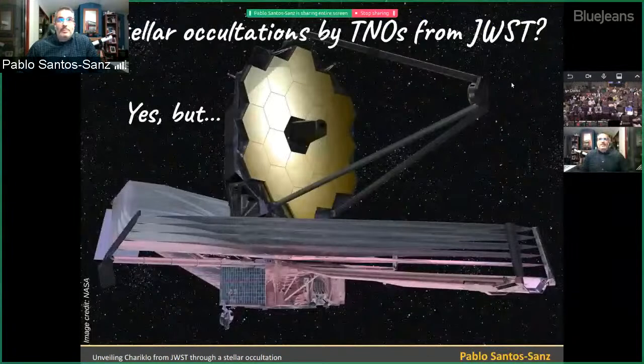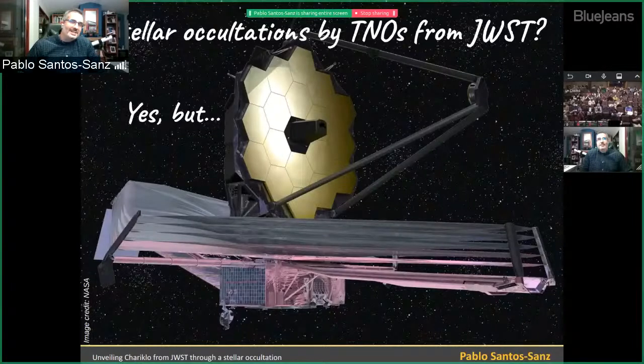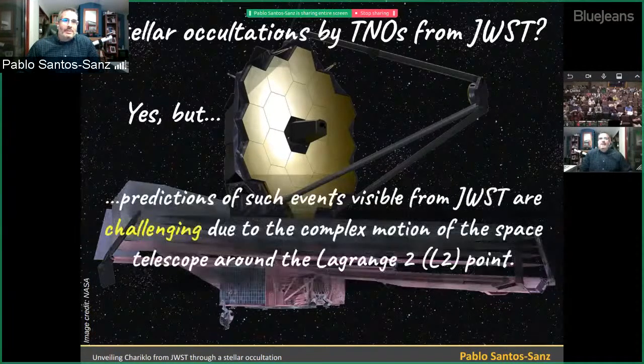What about James Webb? Would it be possible to detect also stellar occultations by TNOs and centaurs from James Webb? The short answer is yes, but the prediction of such events visible from James Webb is really challenging due to the complex motion of the telescope around the Lagrange point.